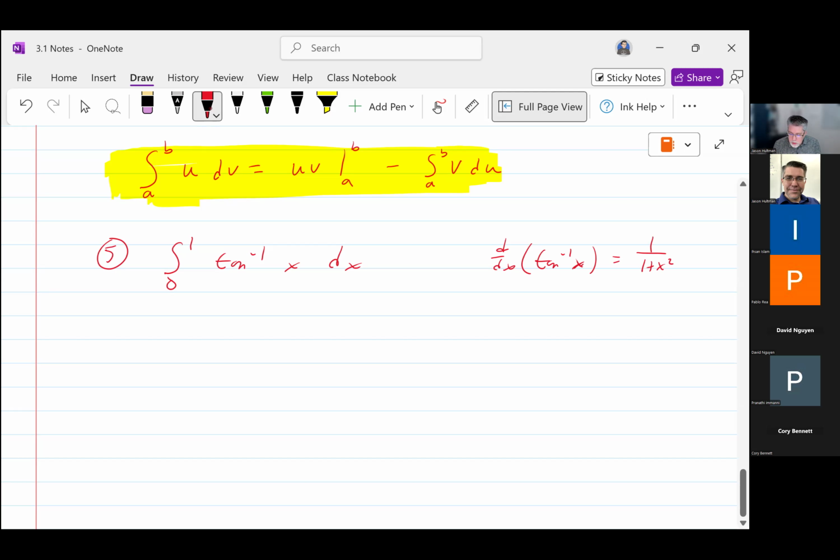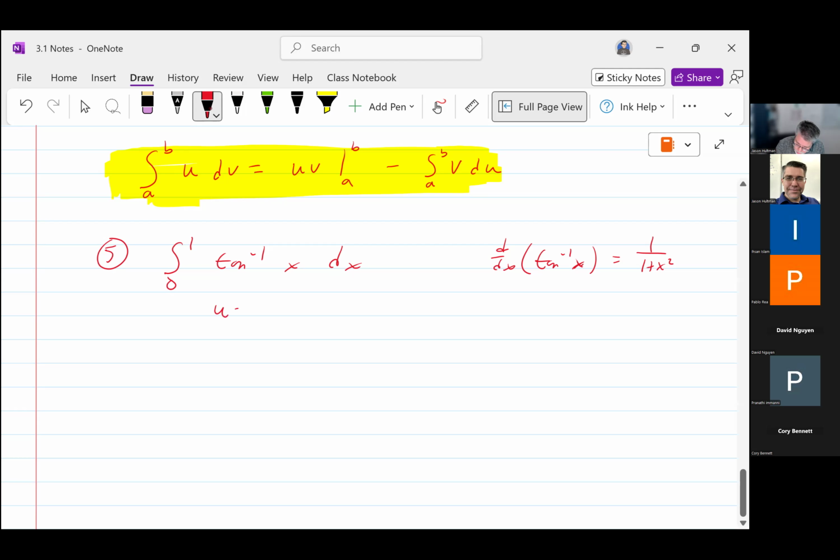Okay, and so we can use here again that trick about integration by parts that turns the integration into a derivative, which is nice because the derivative is a whole lot nicer than trying to integrate an inverse tangent function. So let's try to do that.